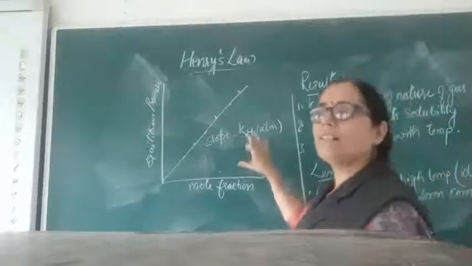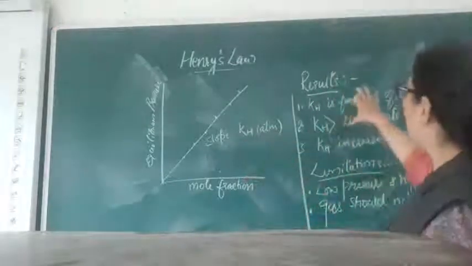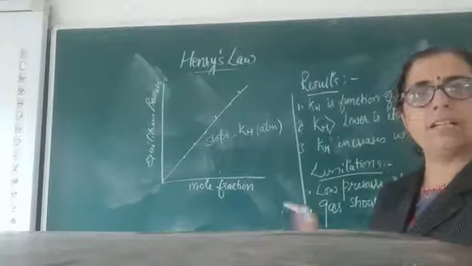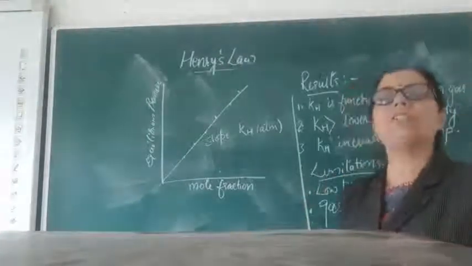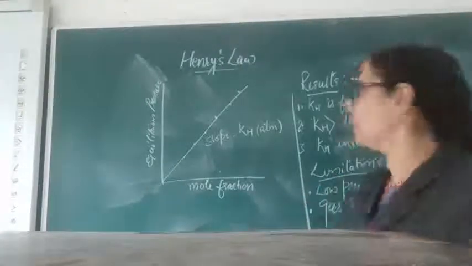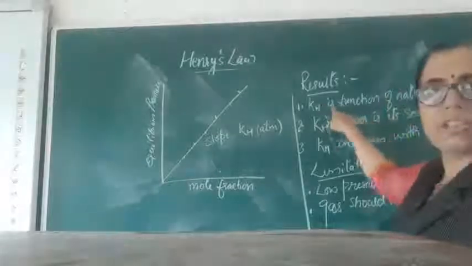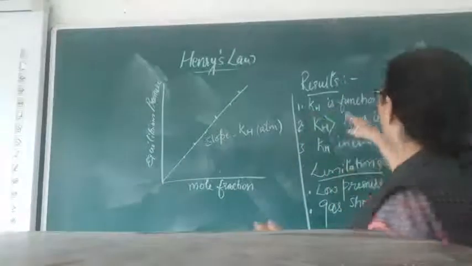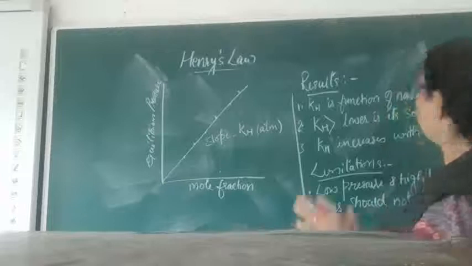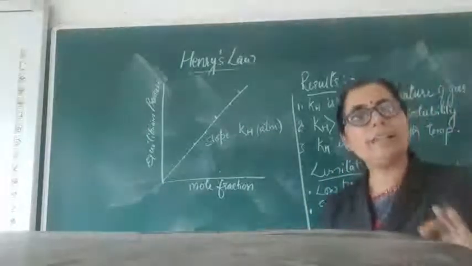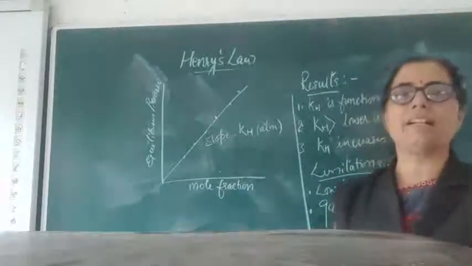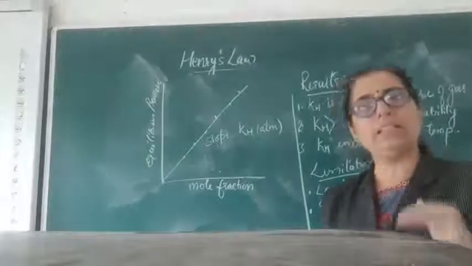Now there are some points on which this Henry's constant, or the solubility of the gas in liquid, depends. Kh, the Henry's constant, is a function of the nature of the gas. It depends upon the type of gas that we are taking or its solubility in the liquid.